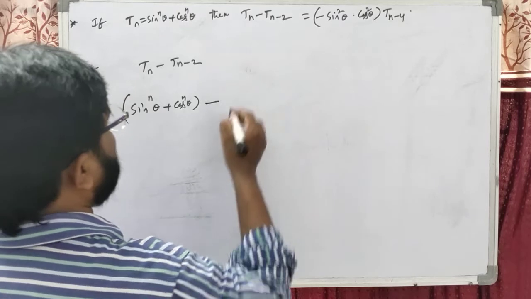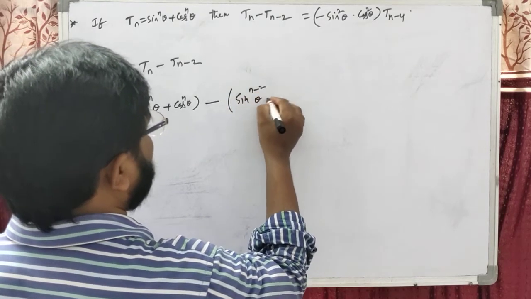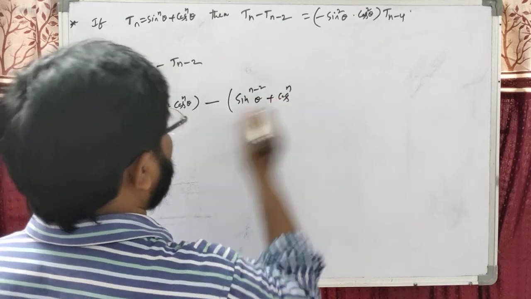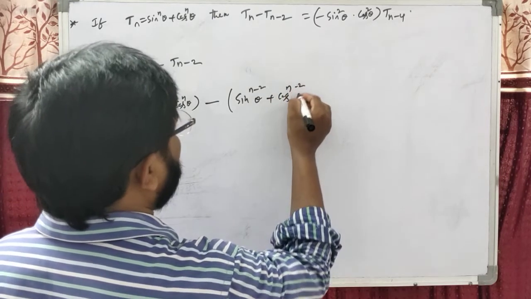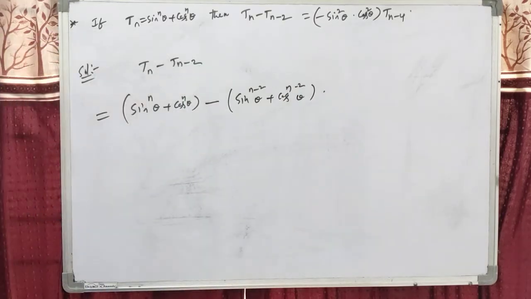Tn minus 2 is sin power n minus 2 theta plus cos power n minus 2 theta. Okay students, so dear students, now we can observe here. So what can we observe?